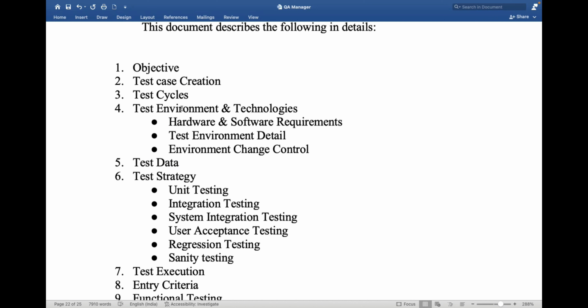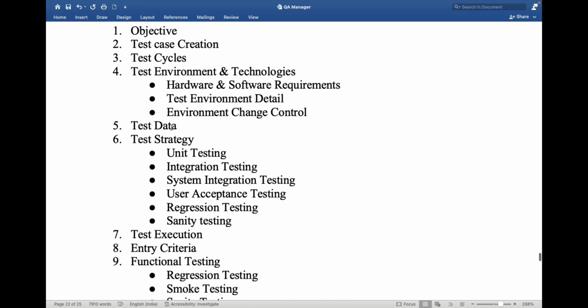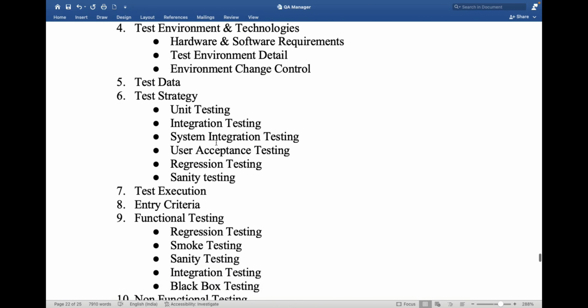And under the test environment and technology, you also have to put all these 3 items: the hardware and software requirements, test environment details, environment change control. The fifth one is the test data. Sixth one is the test strategy. And under the test strategy, you also have to explain what are the different testing you are going to perform, like unit testing, integration, system, user acceptance, regression, sanity, etc.